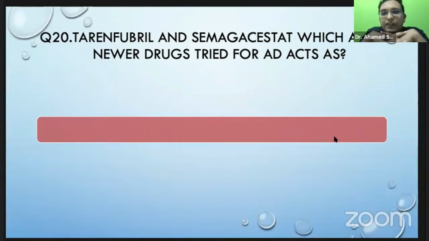But later, during phase 3, they failed because there was less brain penetration. We have already seen in the pathophysiology where these act. They act as gamma secretase inhibitors.